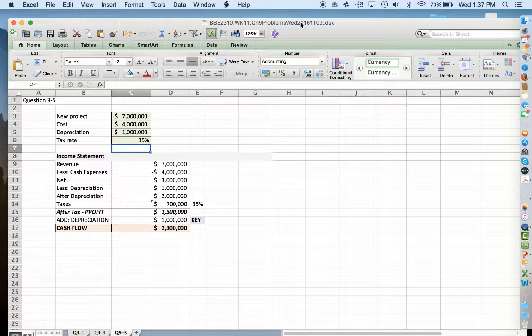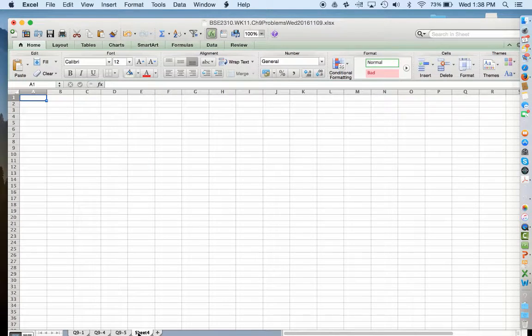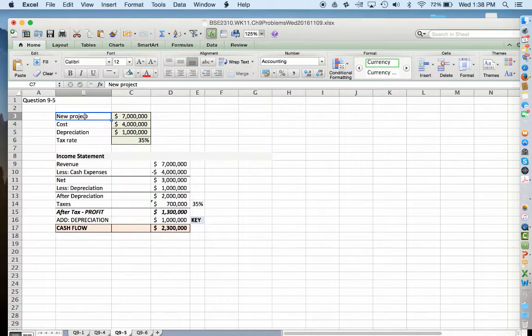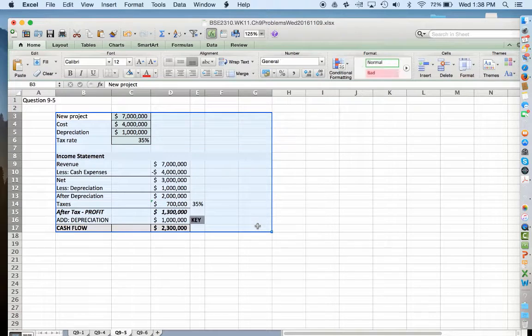So we're going to do question 9.6. Actually, 9.6 and 7. They go mostly together. So the same thing. If you're working this in Excel, copy the whole thing again.